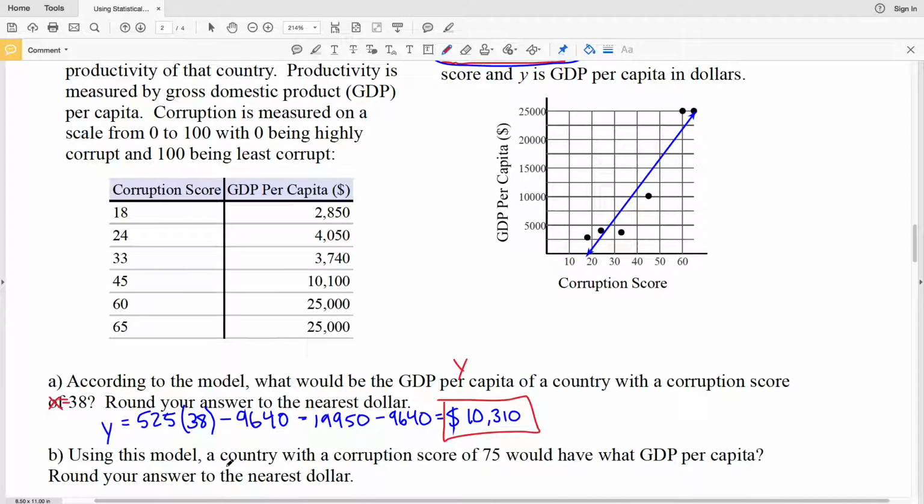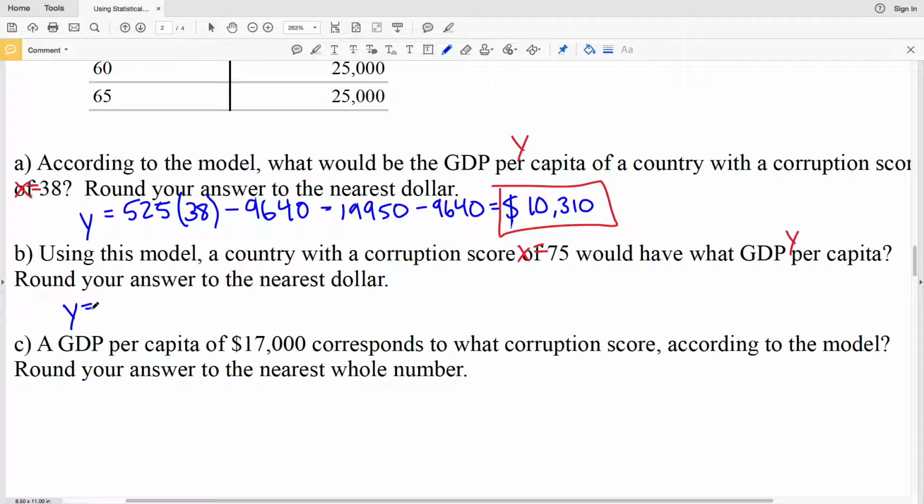Part B, it says, using this model, a country with a corruption score of 75 would have what GDP per capita? So again, we're plugging in our x value of 75 and solving for our GDP, y. So y will equal 525 times, as opposed to 38, this time we're going to be using 75.